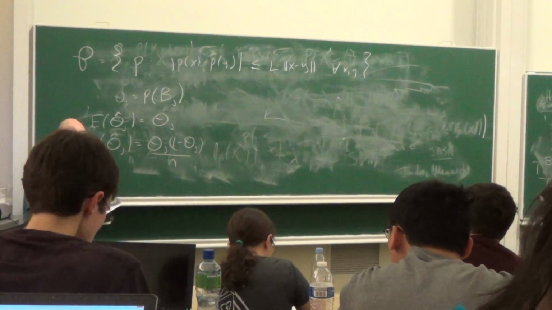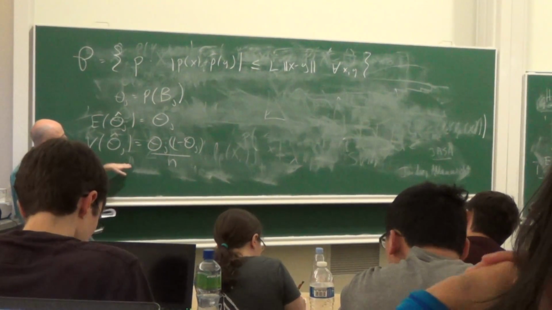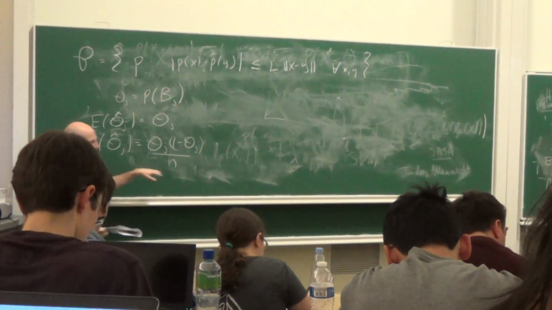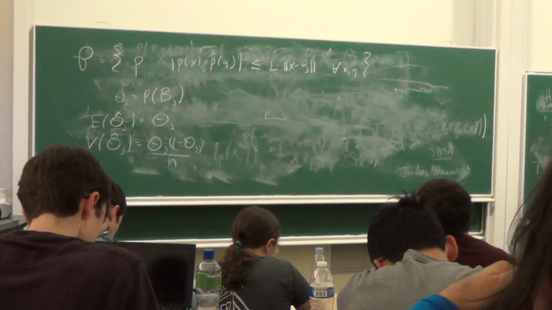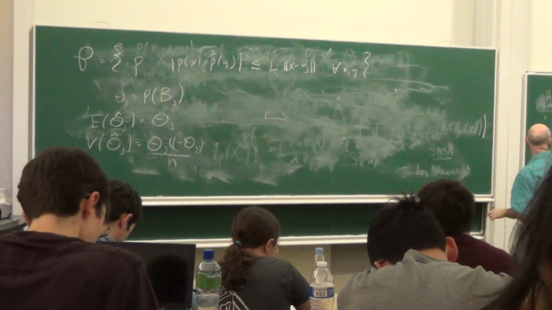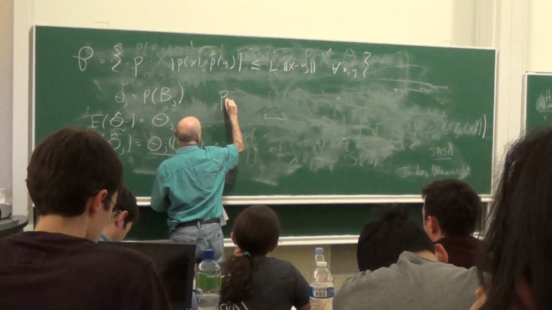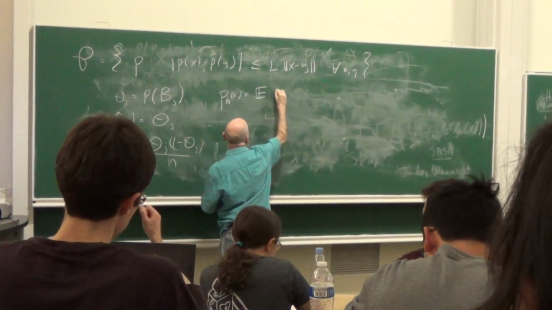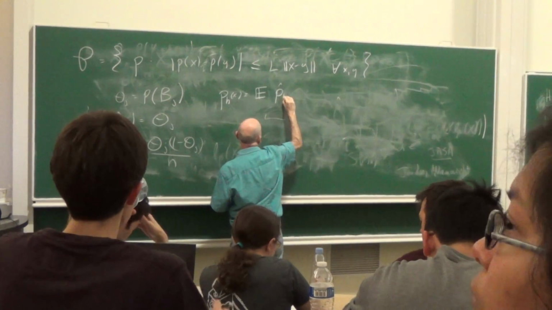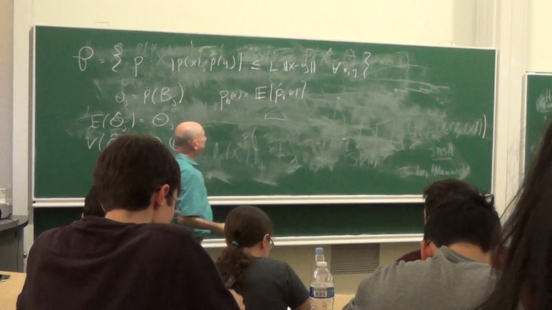So somehow we want to transfer that knowledge into something about this density estimator. Let's define, first of all, the mean of the density estimator. So I'm going to write p sub h of x to be the mean of the density estimator.